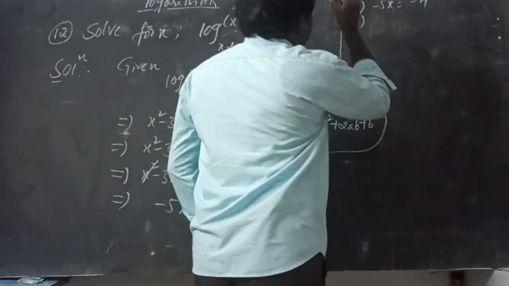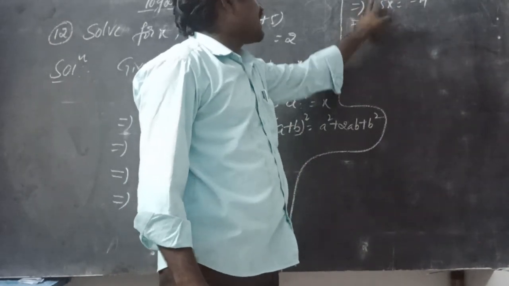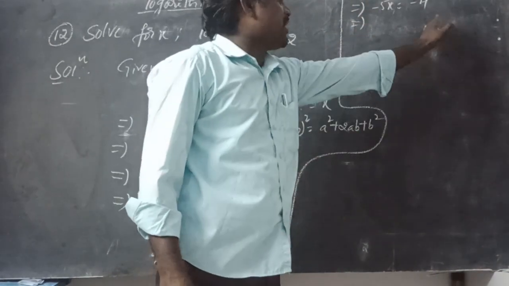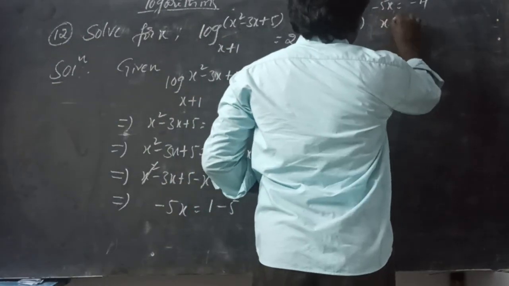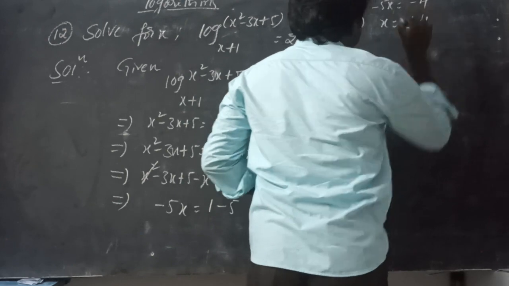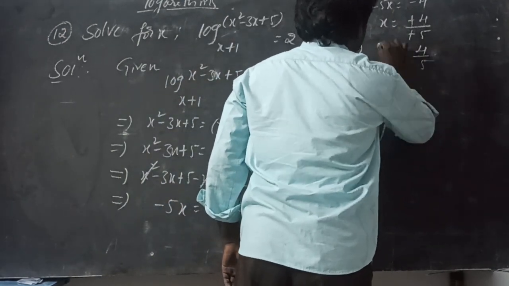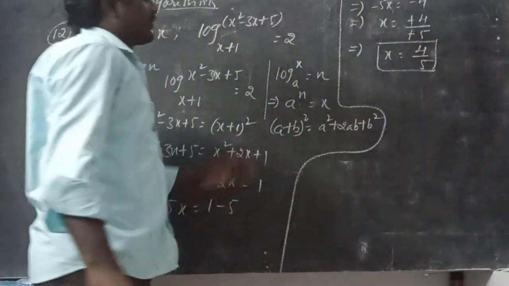So minus 5x means minus 5 into x. This minus 5 is multiplied, so it goes to divide. So x is equal to minus 4 by minus 5. Minus minus cancels. That is x is equal to 4 by 5. This is the value of x.